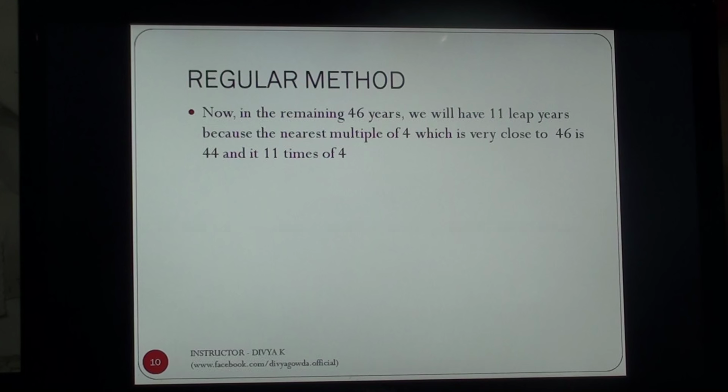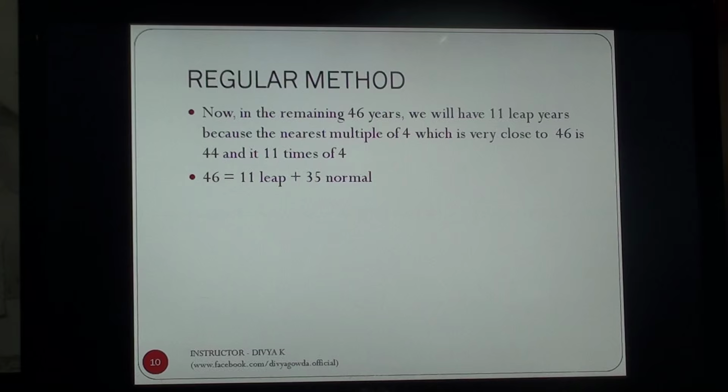So you will have 11 leap years. That means 1904 was a leap year, 1908, 1912, 1916, all these up to 1946, you get around 11 leap years. Therefore the remaining 46 minus 11 is 35 normal years, along with 11 leap years.